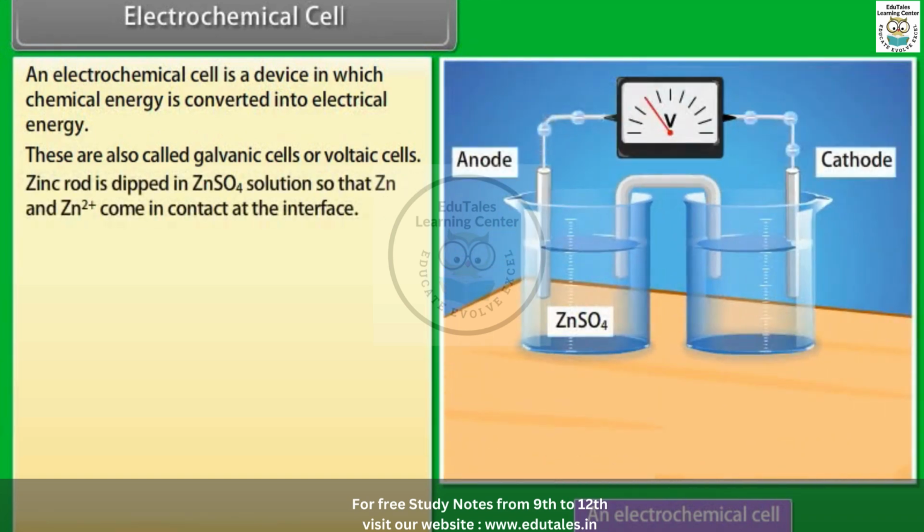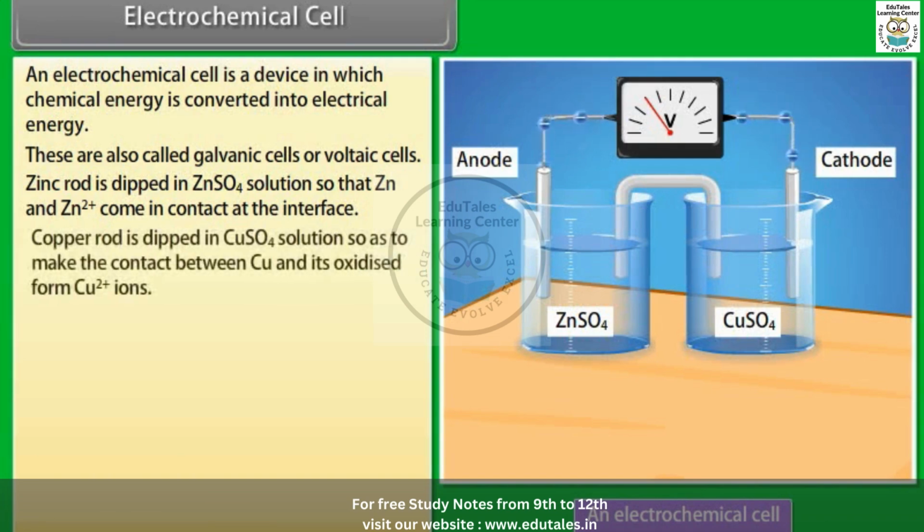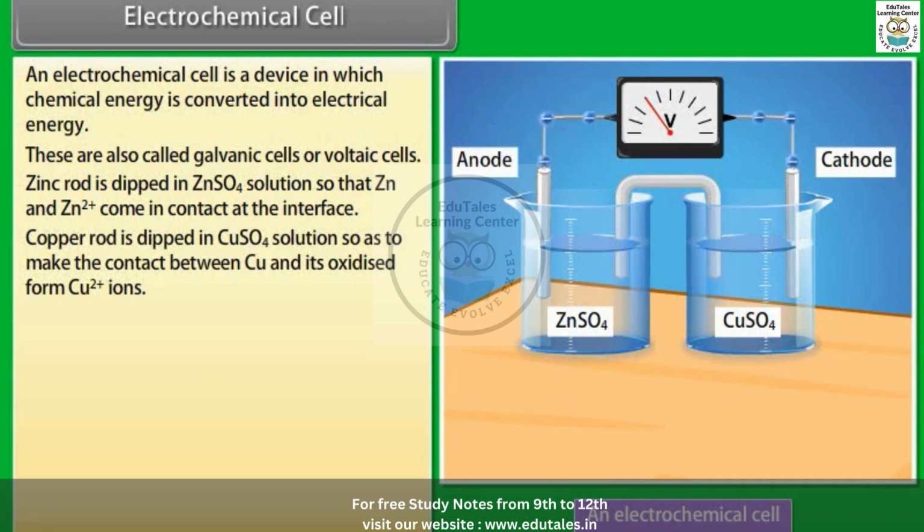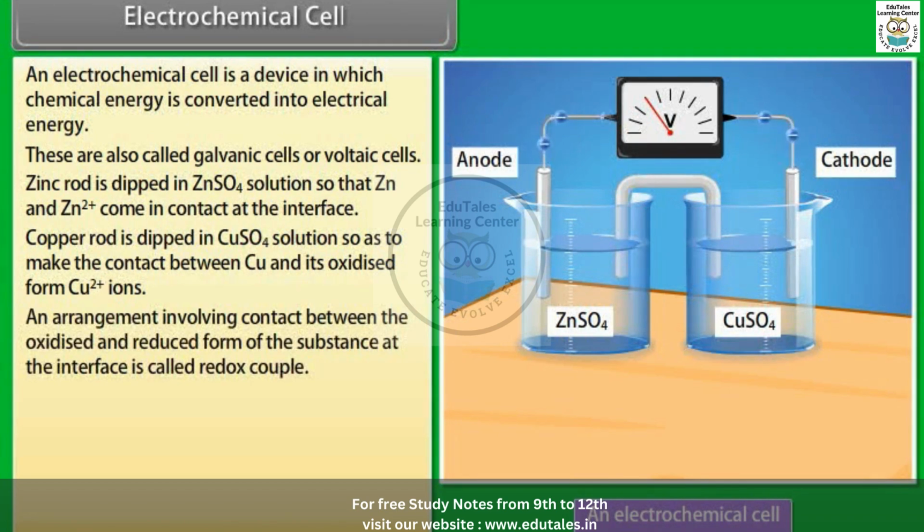Zinc rod is dipped in ZnSO4 solution so that Zn and Zn2+ come in contact at the interface. Copper rod is dipped in CuSO4 solution so as to make contact between Cu and its oxidized form Cu2+ ions. An arrangement involving contact between the oxidized and reduced forms of the substance at the interface is called a redox couple.